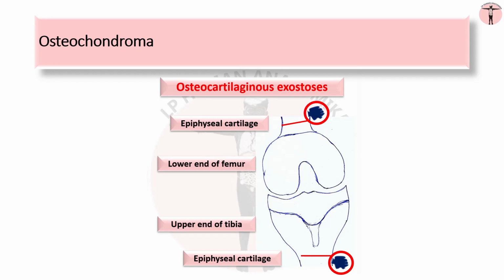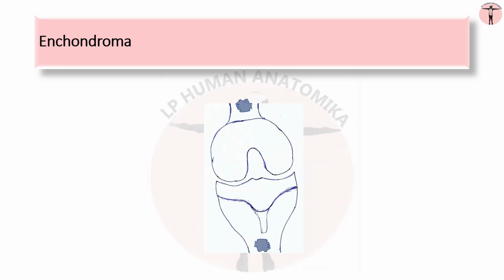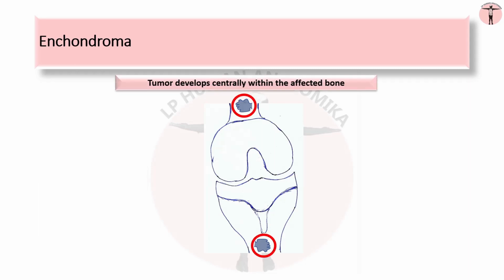It most often occurs between ages 10 and 30. Enchondroma is the term used for the benign cartilage forming tumor that develops centrally within the interior of the affected bone, while chondroma, as discussed before, refers to the peripheral development of the lesion.